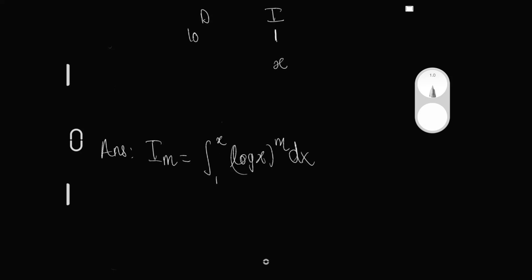I'm going to be differentiating (log x) raised to m. The differentiation of (log x) raised to m is equal to m into (log x) raised to m minus 1 into 1 by x according to chain rule.